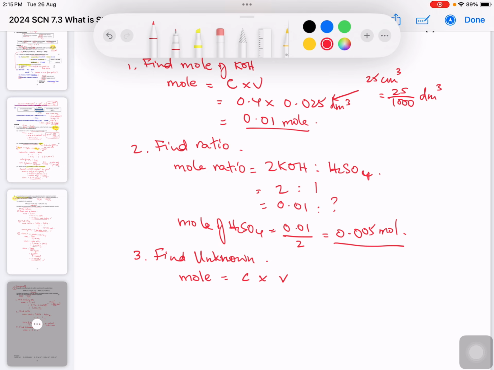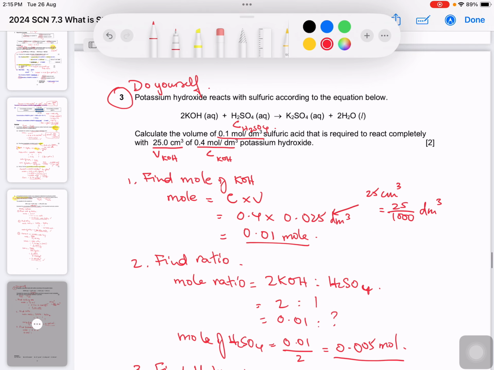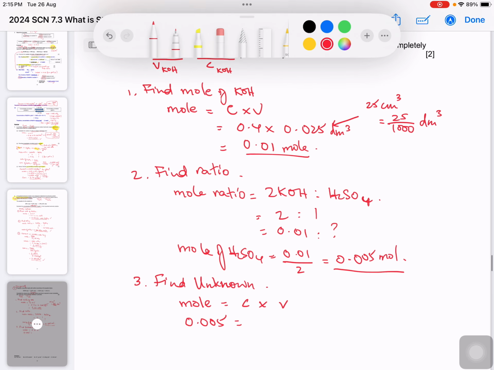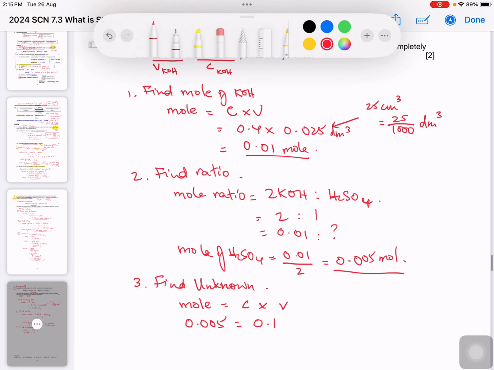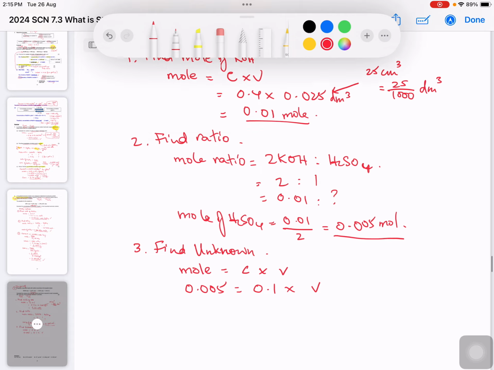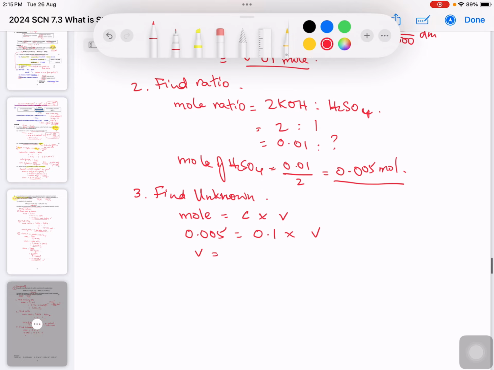So mole is 0.005. Concentration, is it our unknown? No, we know the concentration, 0.1. Concentration is 0.1 times V. How much is V? The 0.1 must bring over, it will be 0.005 divided by 0.1.